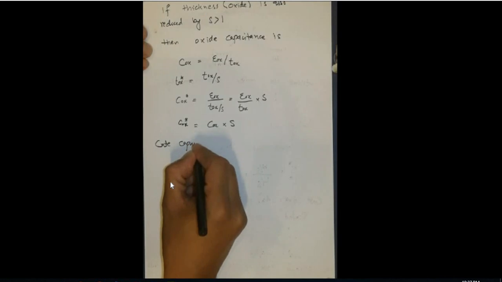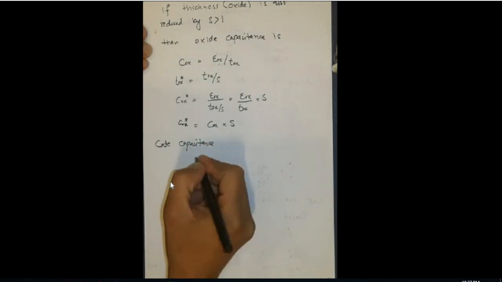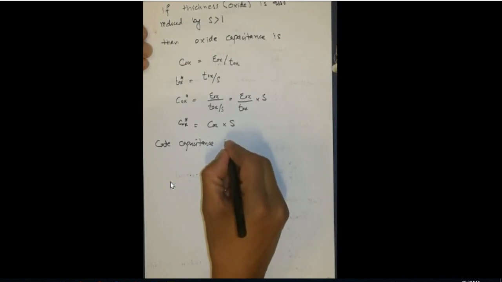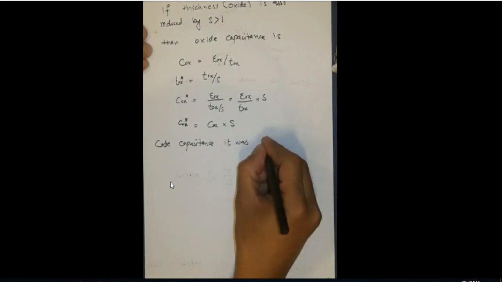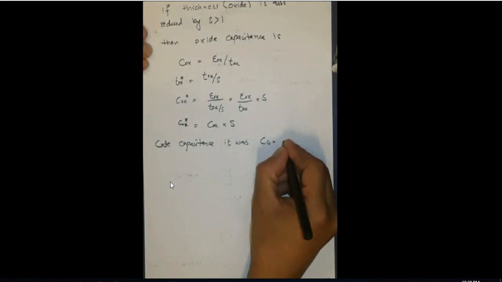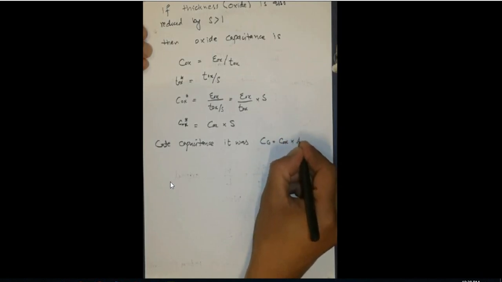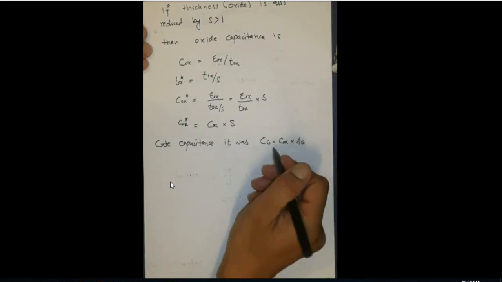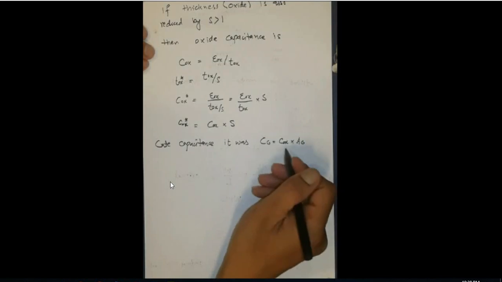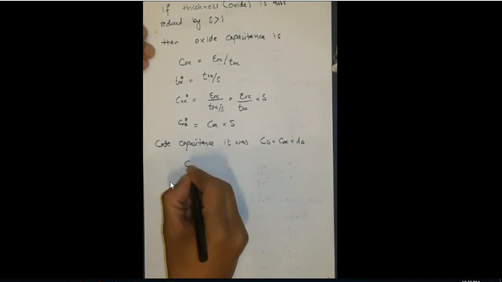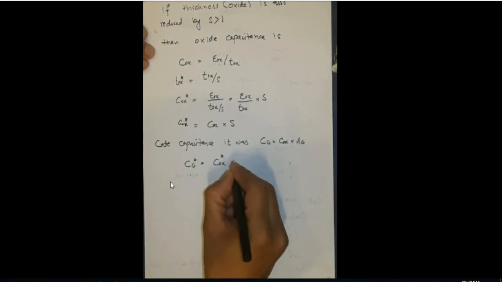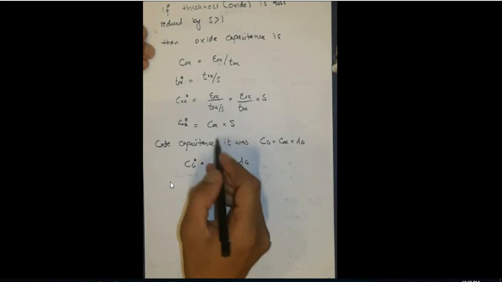And if we have to find the gate capacitance, it was originally given by Cg, which is equal to C oxide multiplied by Ag. Now we have already found the value of Ag, and we have already found the value of C oxide. So we will put both these values here. The updated Cg can be written as C oxide star multiplied by Ag star.